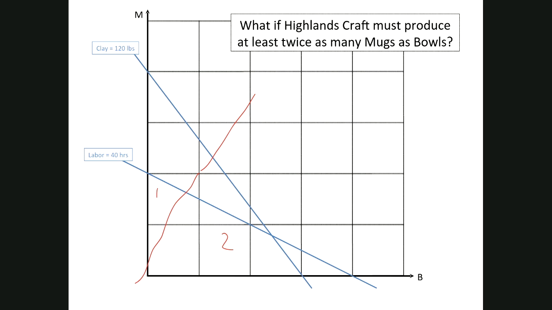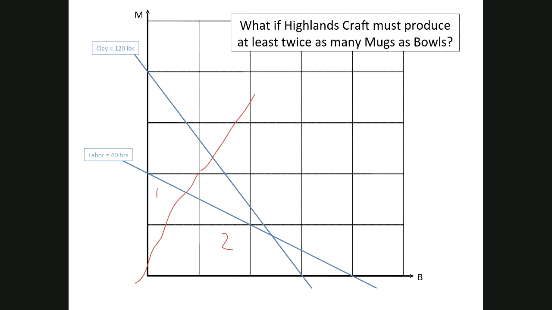And the question you need to ask yourself is, which side of this line satisfies those constraints? If you just pick a point on either side of the line, determine whether or not that point satisfies the constraint.